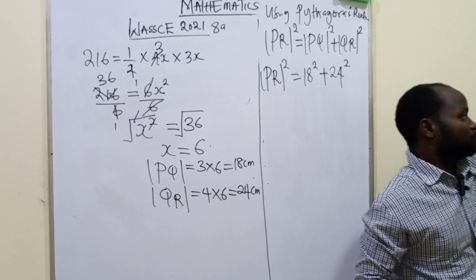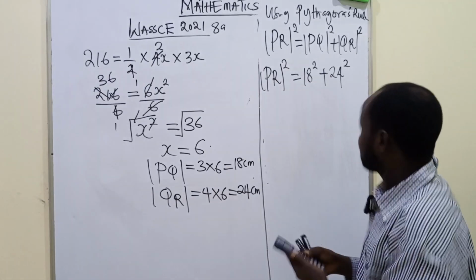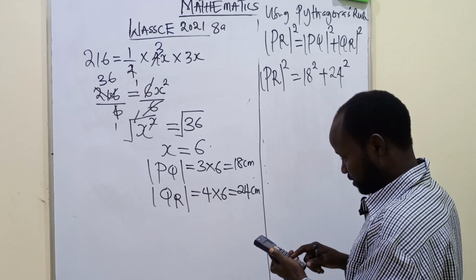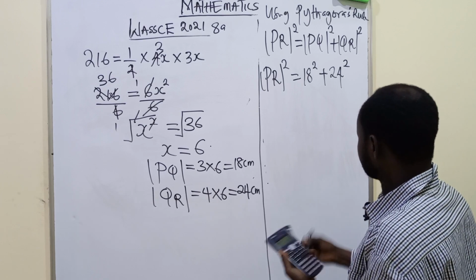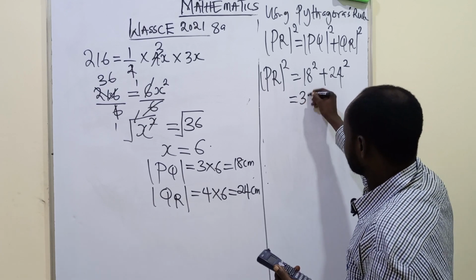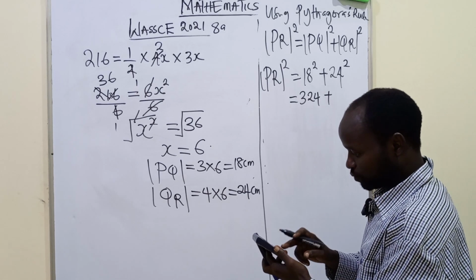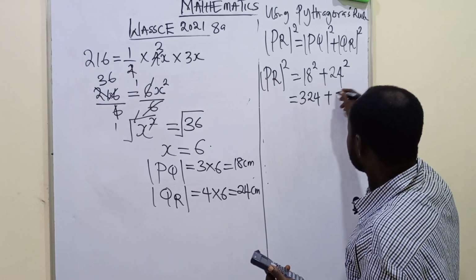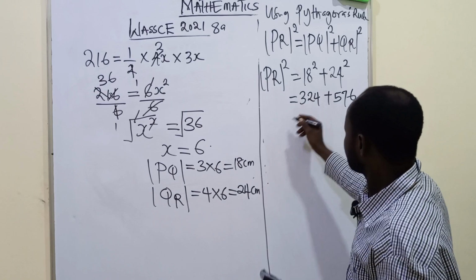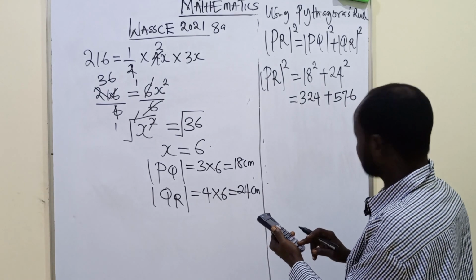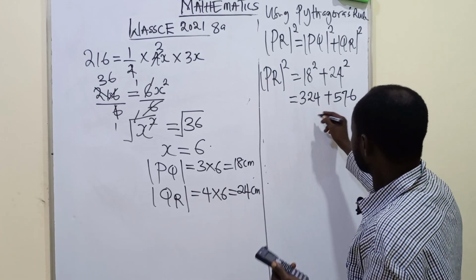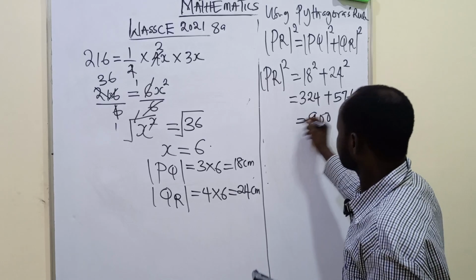Let's use our calculator to do that. 18 squared is 324, plus 24 squared, that's 576. Let's add 324, that will be 900.